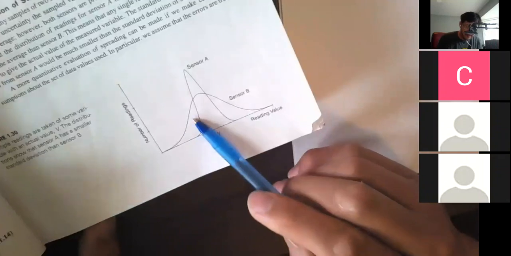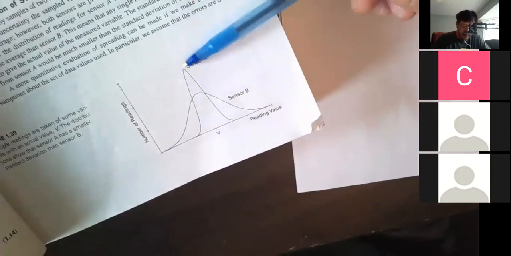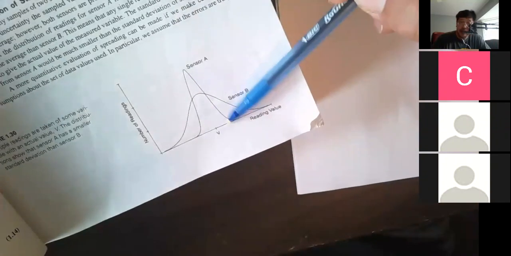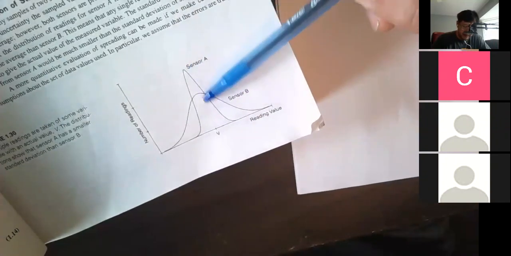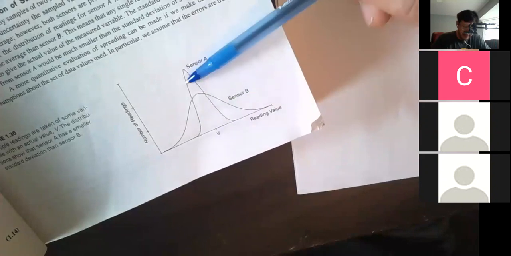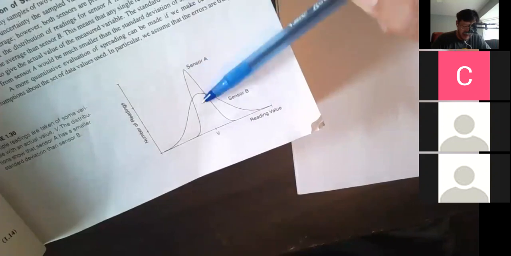So this is sensor A. The standard deviation is much smaller. So sensor A is more accurate, because when the temperature is here, the measurements from your temperature sensor are all very close to your average.